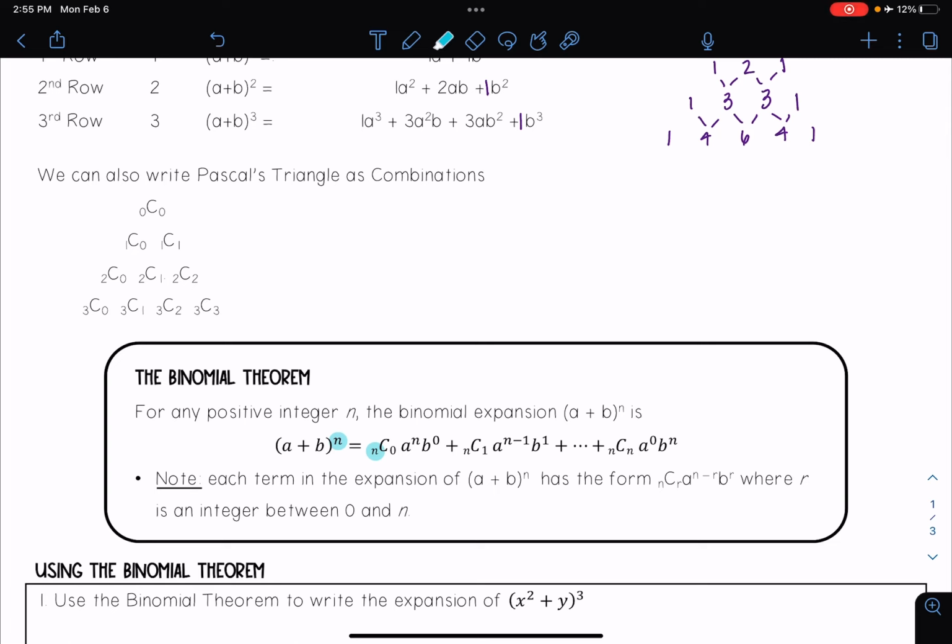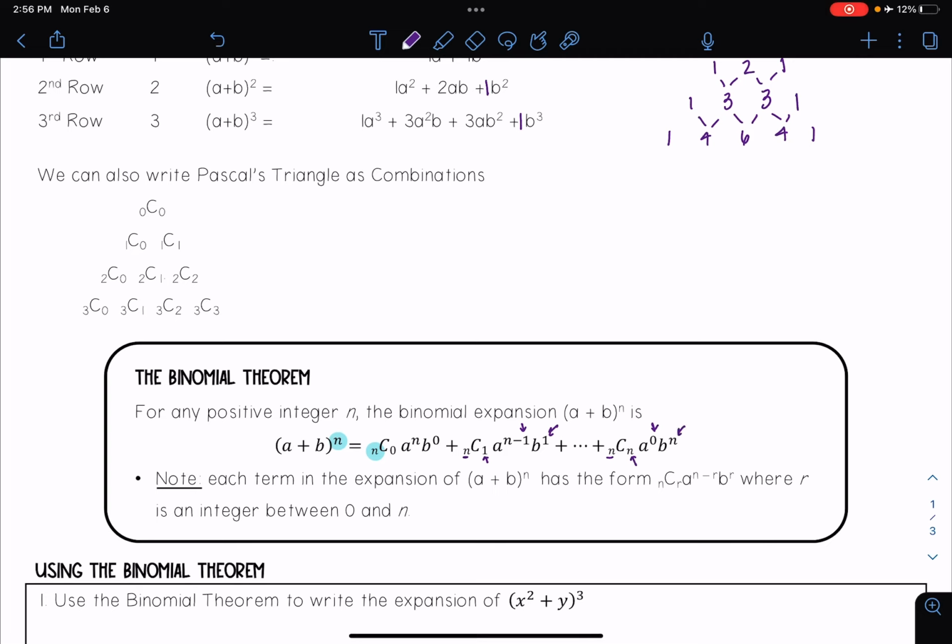And basically from there, we see for the c's, the n stays where it's at, but we're just going to add 1 each time until we get to n. For our a term, we're going to subtract 1 each time until we get to 0. And then for our b, we're going to add 1 each time until we get to n.